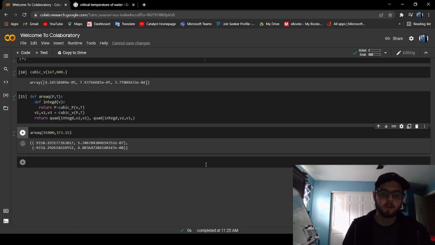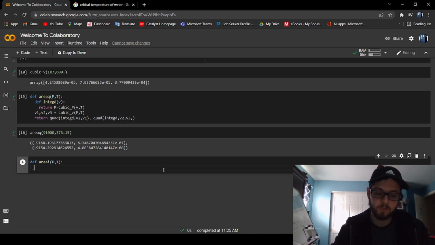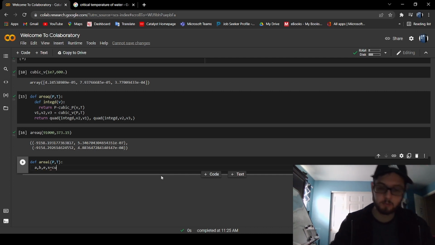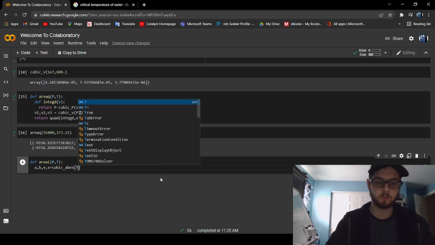Then there is another method, which is just integrating, so area_I, and that's P and T. This time we need the help of A, B, epsilon, and sigma again, and those are going to be equal to cubic_abs, which is, I believe, with respect to temperature.